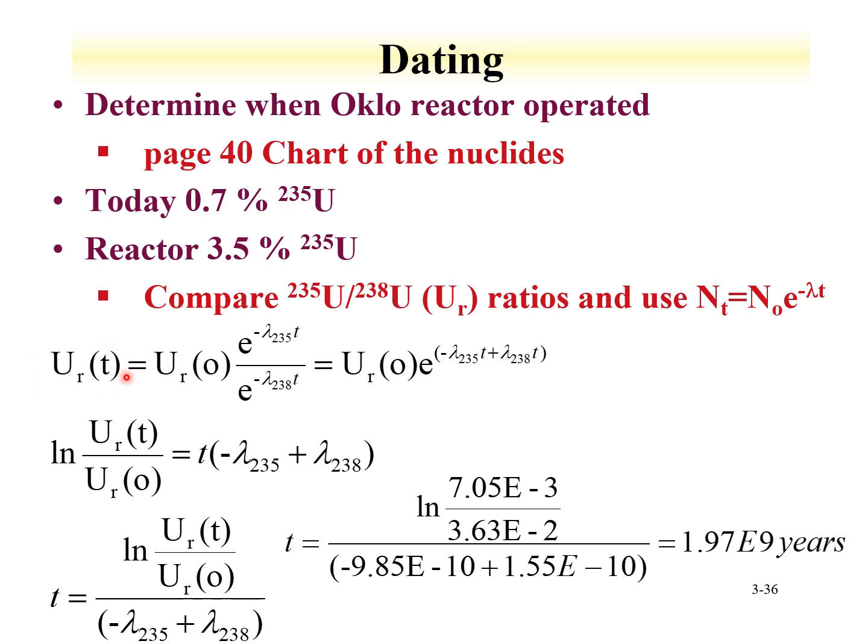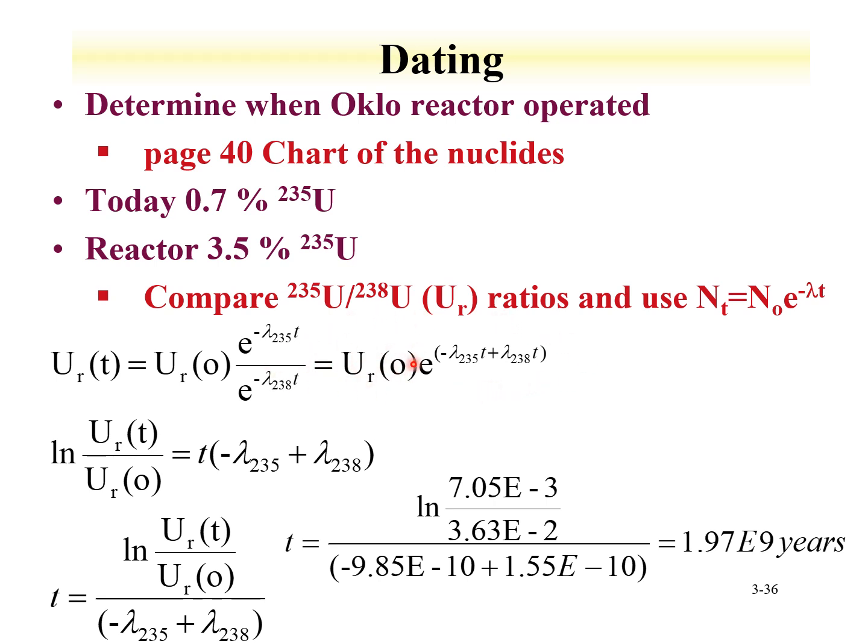The time is the same. Let's rearrange this equation so that the amount at time 0 is just equal to e to the minus lambda 235 times t plus lambda 238 times t. So now we have everything we need to know to solve this equation.